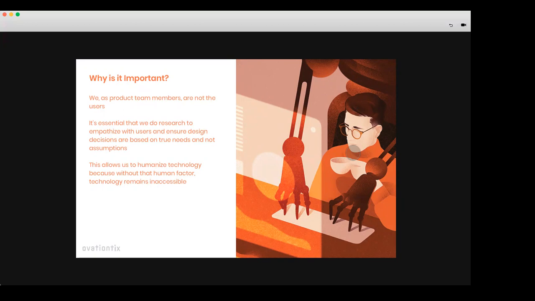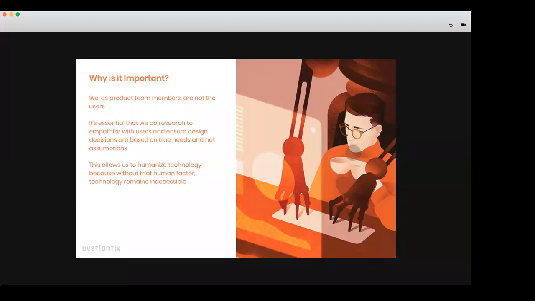It allows us to humanize technology, because without that human factor, technology remains inaccessible. While it's important to keep in mind things such as business requirements, technical, timing, and budget constraints, these other elements don't provide insight into our users' needs. And those users are the ones with the decision-making power on whether they'll use our product or a competitor's.